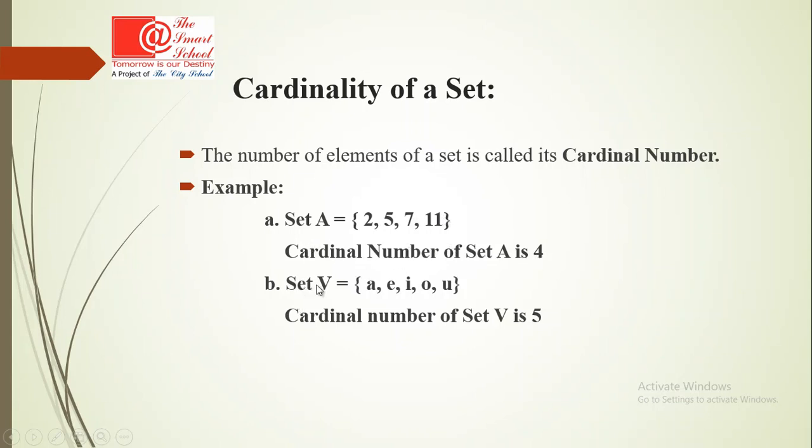Now set B has elements A, E, I, O and U. Now count these: A 1, E 2, this is third, this is fourth and this is fifth. So the cardinal number of set B is 5. So I think this is a very easy concept, that we just count the number of elements of a set and it is called its cardinality or cardinal number.